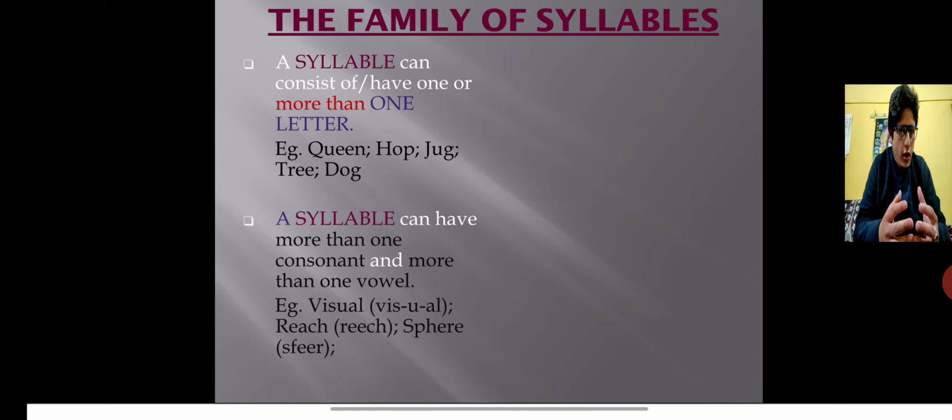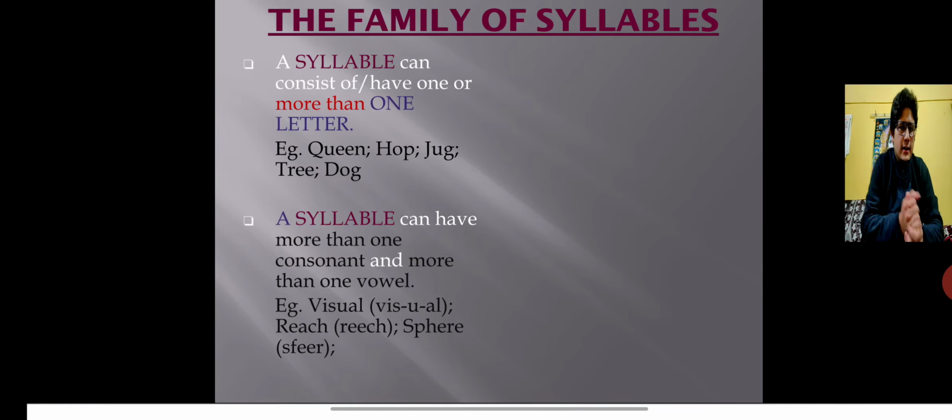What you see in dog, jug, and hop is that there is one syllable, one vowel, and just one sound. But the other two words, queen and tree, have of course one sound, but there are two vowels used. So you need to understand that a syllable can make use of one letter, sometimes two, and very rarely three to make one sound.